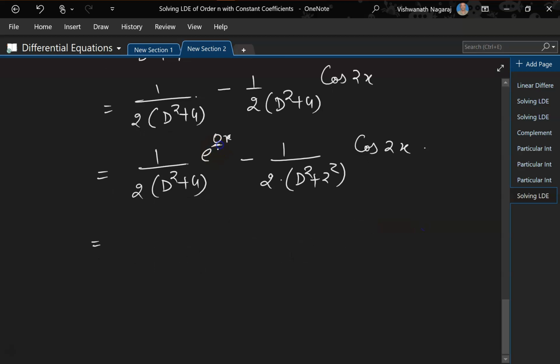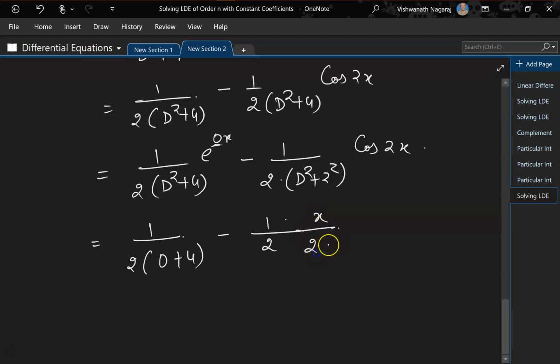Now here m is equal to 0, or a equal to 0, so we can write this as 1/(2(0² + 4)) minus 1/2 times, this is in the particular form of 1/(D² + 2²), which we can write in the form of x/(2a).